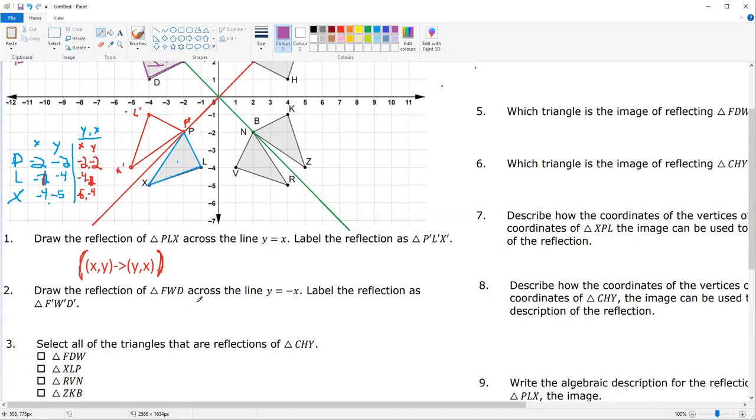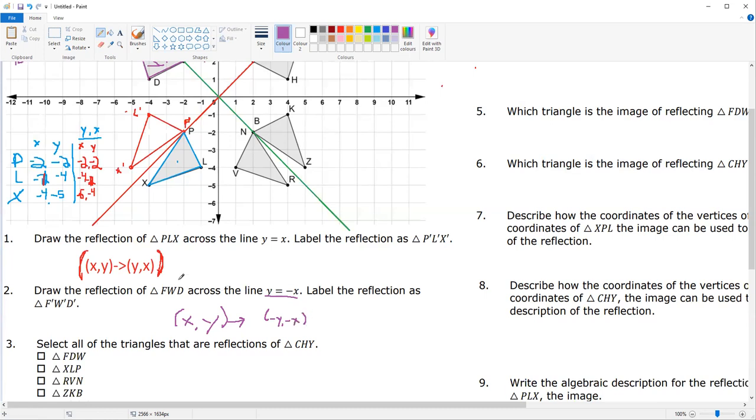So what is my reflection across x equals -y? What is that algebraic description? Well, if I go back in my notes where I memorized it, it's x, y yields -y, -x.